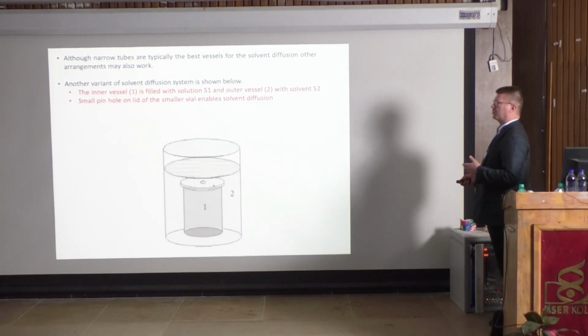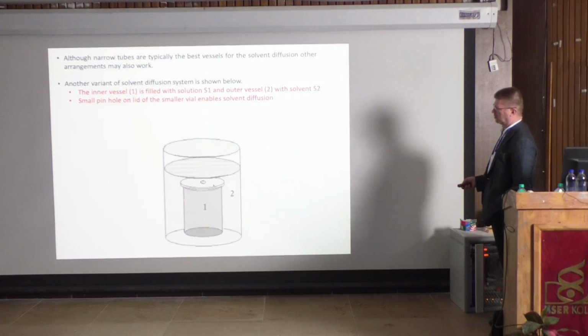This is another version of the same thing. The idea is that you place your molecule in a solvent, like solvent number 1 here, and then you close it with a cork with a small hole. Then you place the whole thing into another solvent in a closed vessel.